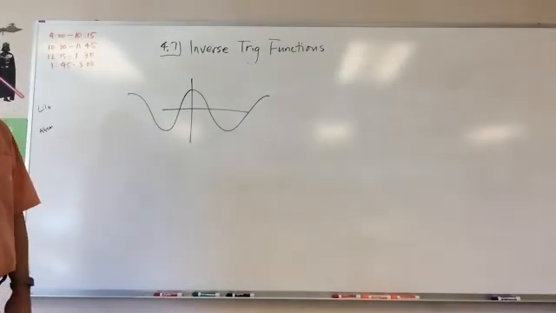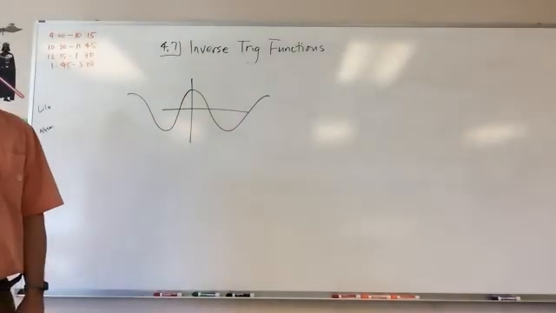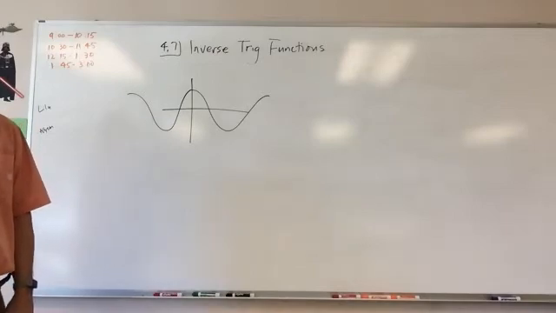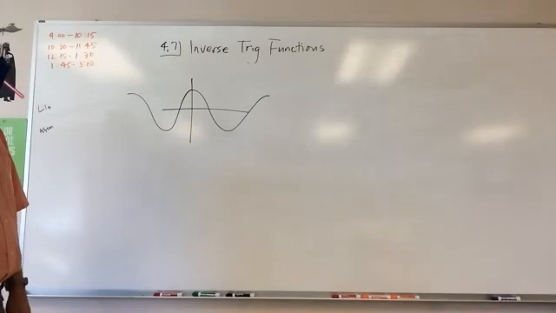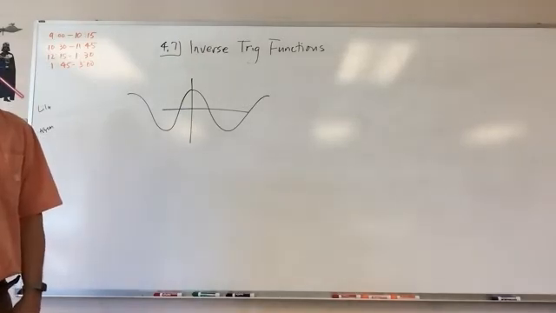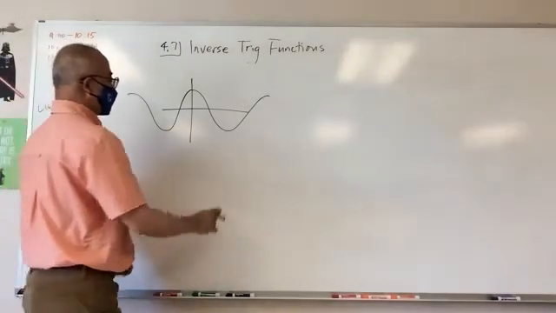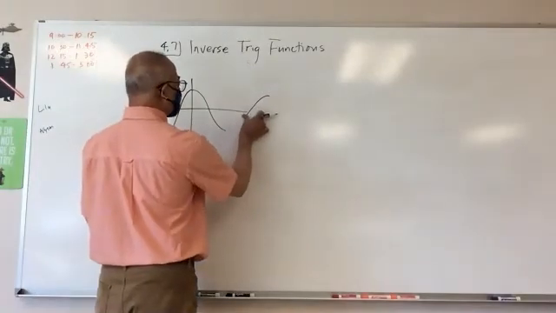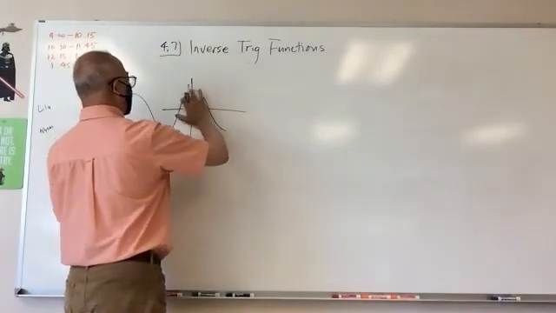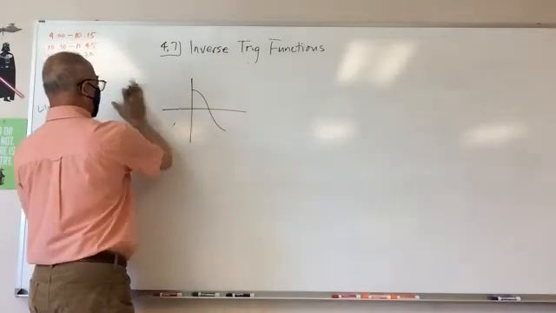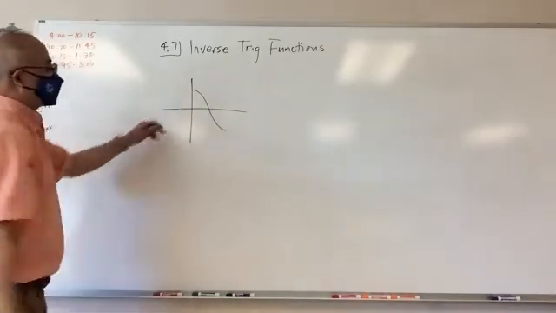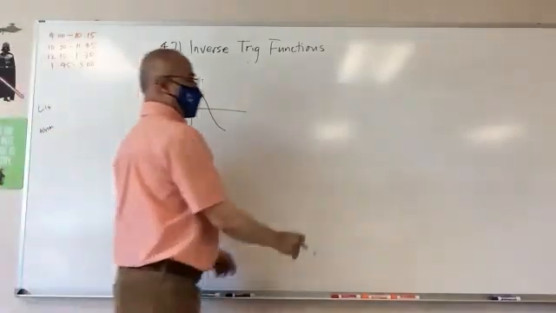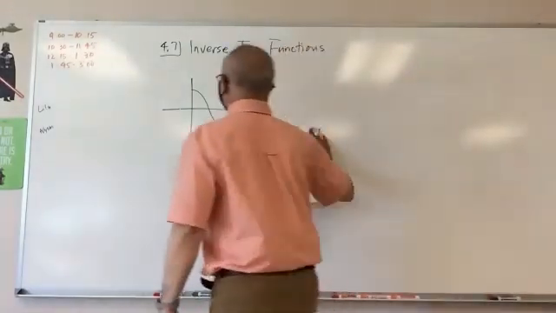But again, we're going to have to cut off a certain portion that satisfies the vertical and the horizontal line test. So in this one, they decided to keep this part here. So let's go ahead and blow that up.